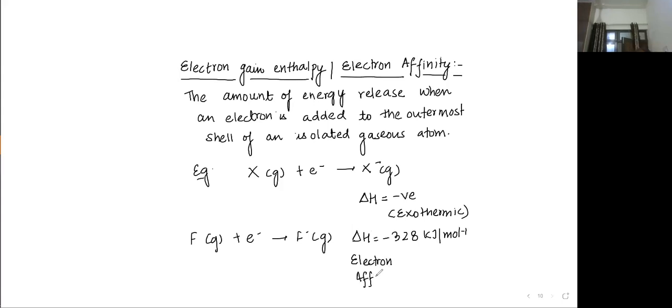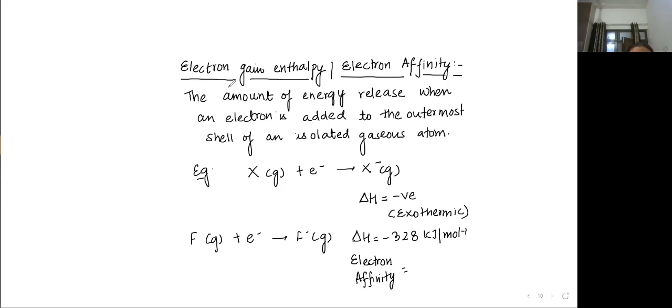Electron gain enthalpy and electron affinity are the same thing with different signs.